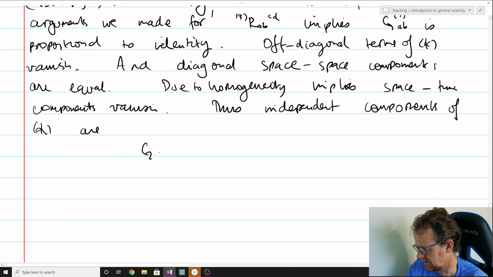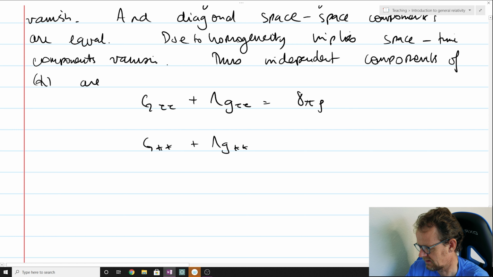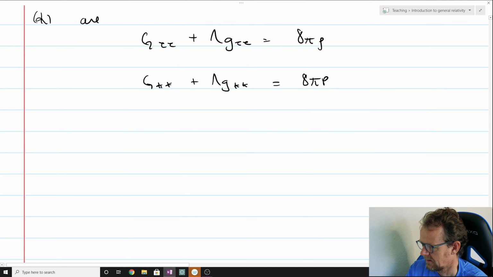And we're going to write them like this. G tau tau plus lambda G tau tau equals 8 pi rho. Just look up the stress energy tensor and the time or tau tau component. And G star star plus lambda G star star equals 8 pi p. And I've got to tell you what the star notation means.